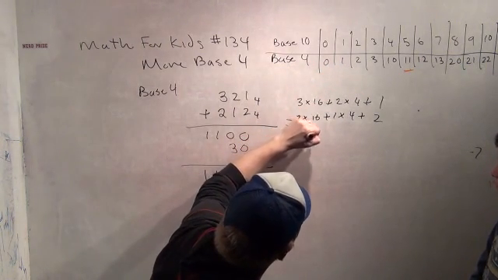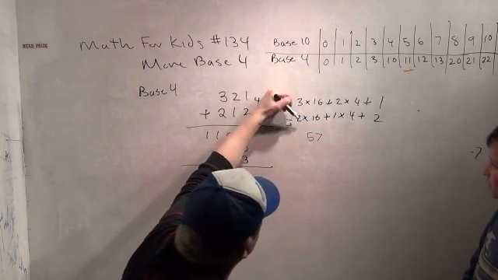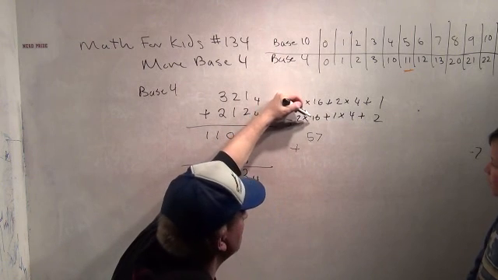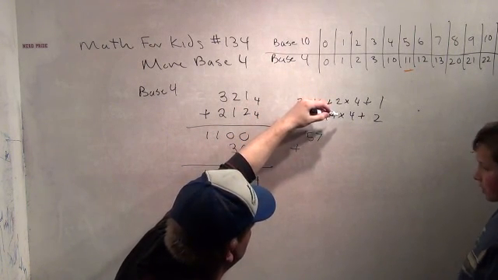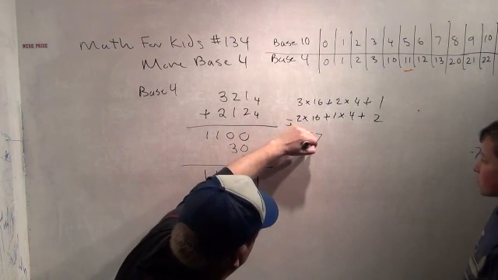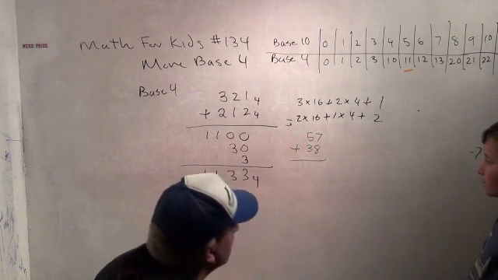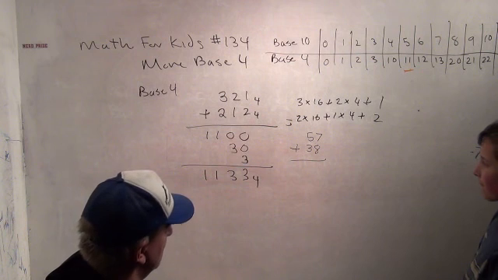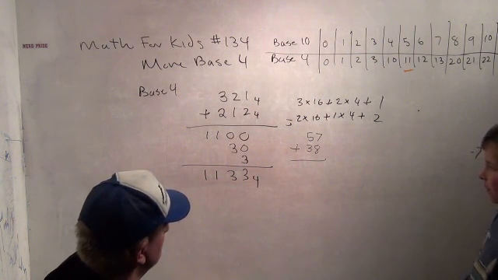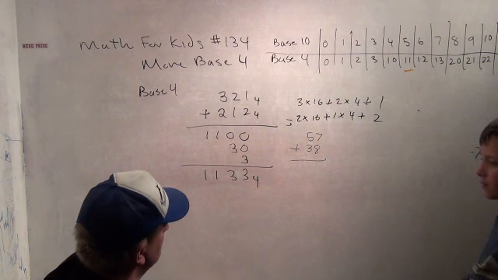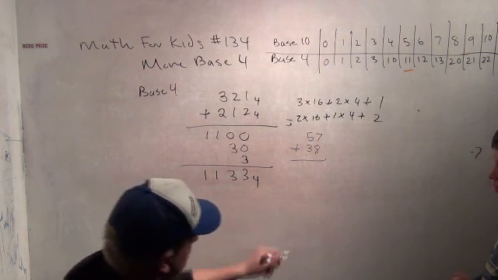So this is 57. This is the same as 57 plus 2 times 16, 32 plus 4 is 36 plus 2 is 38. Okay, and 57 plus 38 is 95. 80 plus 15 is 95.